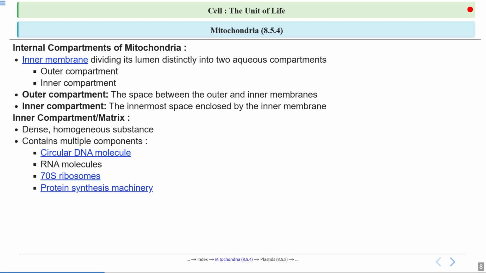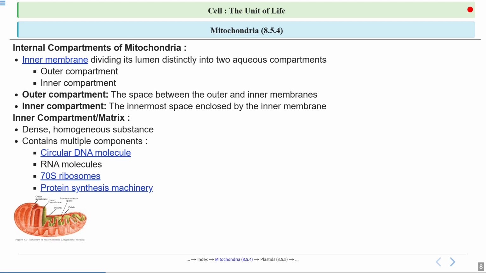Clear? So you can see mitochondria consist of their own protein synthesis machinery. The proteins which it produces are involved in the electron transport chain and oxidative phosphorylation. You will read about the electron transport chain and oxidative phosphorylation in the chapter respiration in plants.